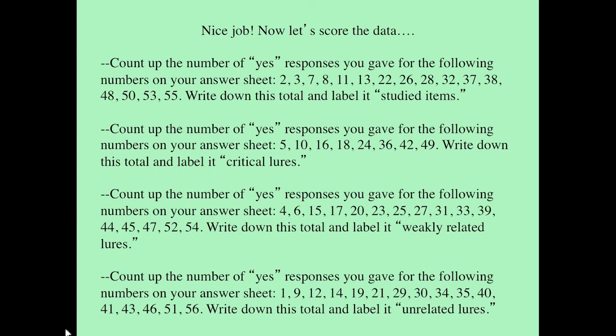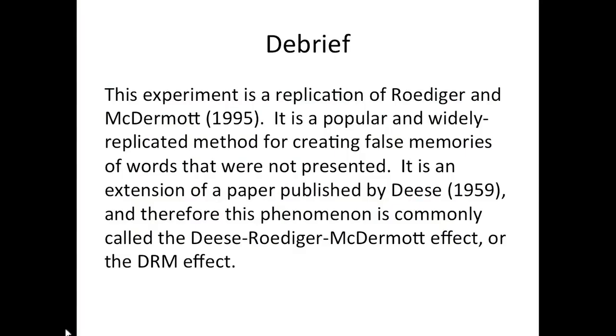Finally, you'll count up the number of yeses for this third set of numbers and call that the weakly related lures. And then you'll get a total number of responses for the unrelated lures. Okay, so you'll have 4 answers: studied items, critical lures, weakly related lures, and unrelated lures that you'll turn in online.